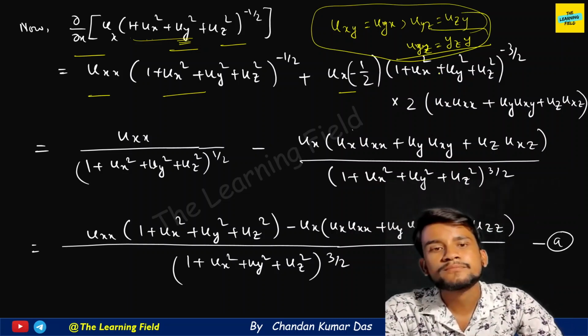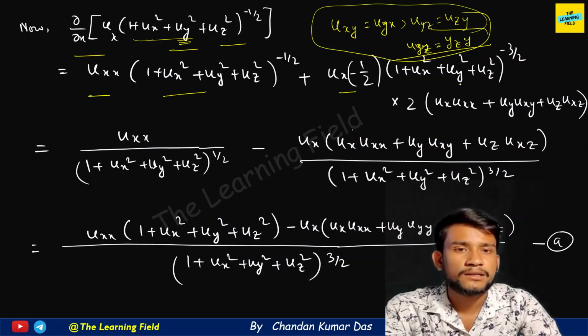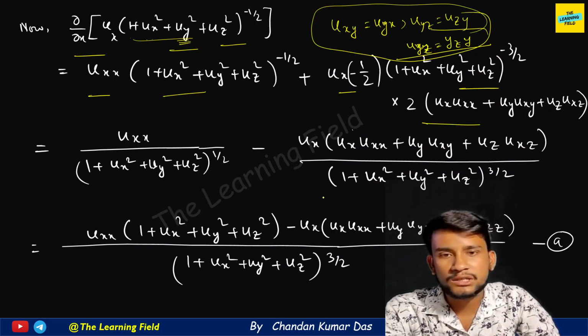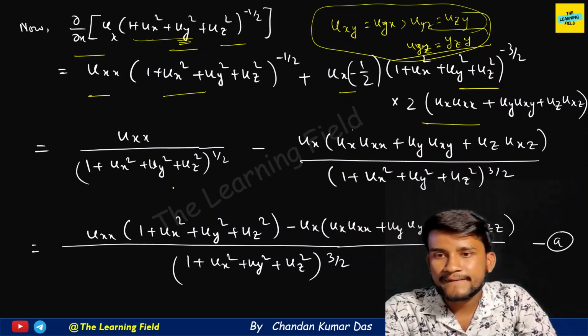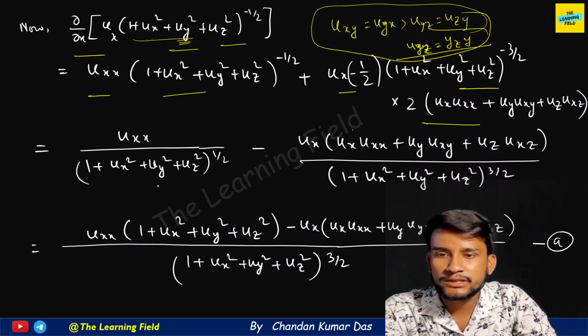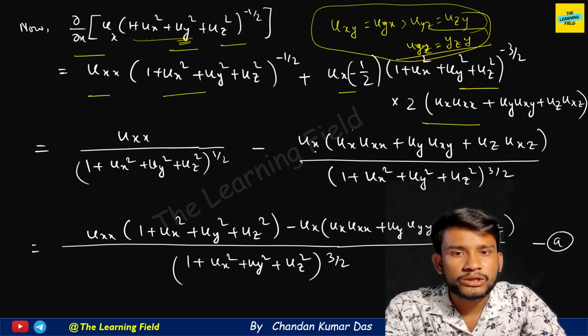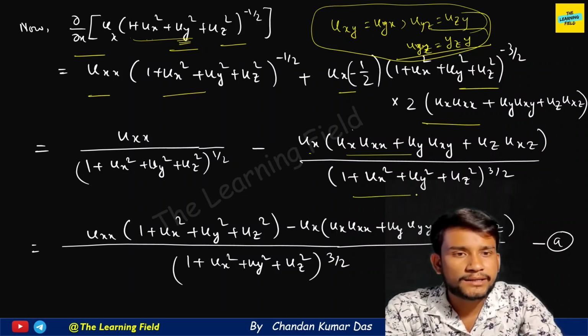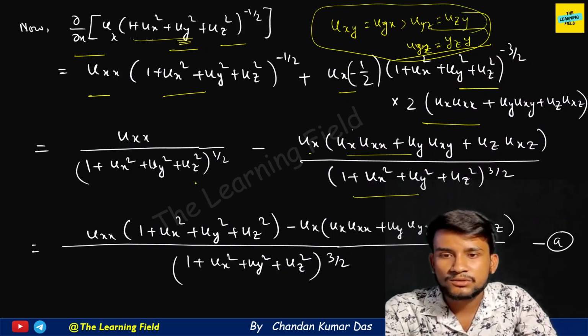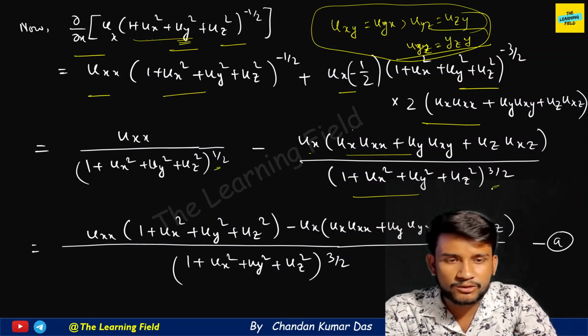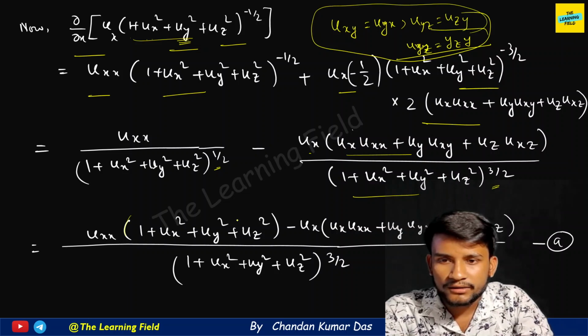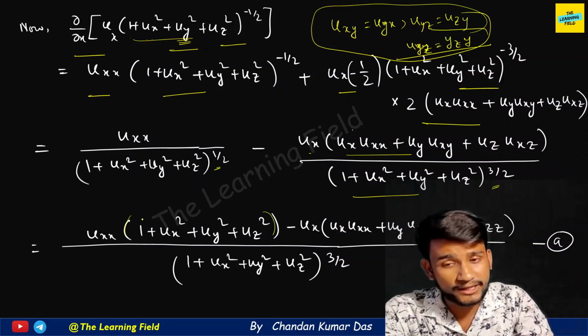Okay, so now we get this term into 2 into this term, and if we write uxx by 1 plus ux square plus uy square plus uz square to the power half, minus ux into this term by this power 3 by 2. So we write just here uxx into, because this is half power and this is 3 by 2 power, therefore here 1 with this bracket multiplied by uxx.